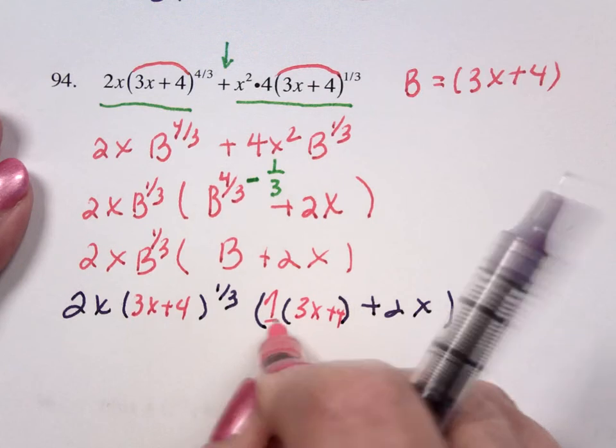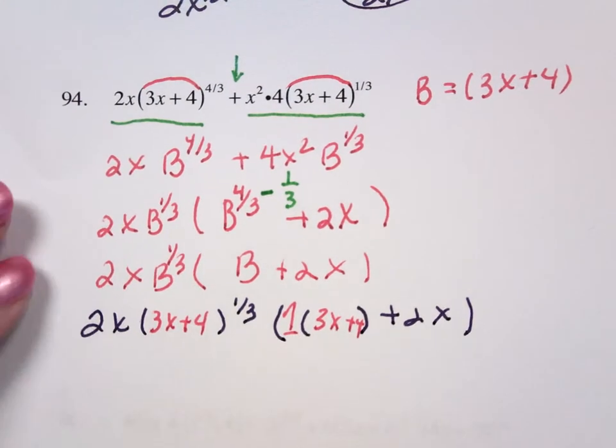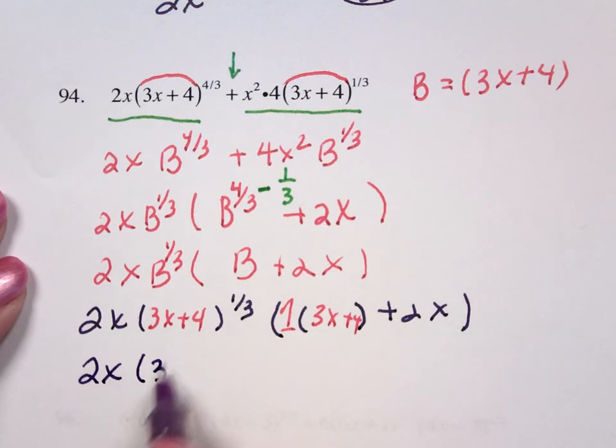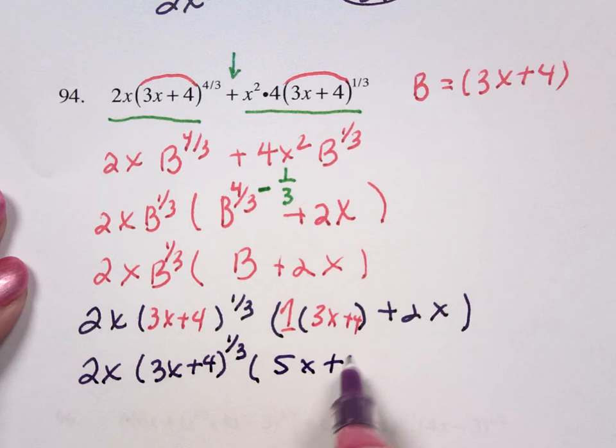Now there is a 1 in front of that set of parentheses, so the parentheses will drop. So this would be a 2x and a 3x plus 4 to the 1/3 times 3x plus 2x is 5x plus 4.